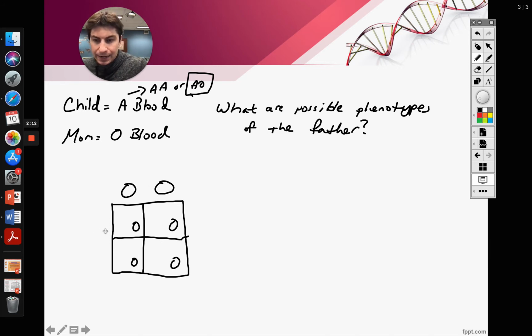So the dad, we got to determine what could be over here. Well, the dad could be A, O, and then we could have AA, OO, and this would be one of the child's here. So what are the possible phenotypes of dad? He could be A. Could he be something else?